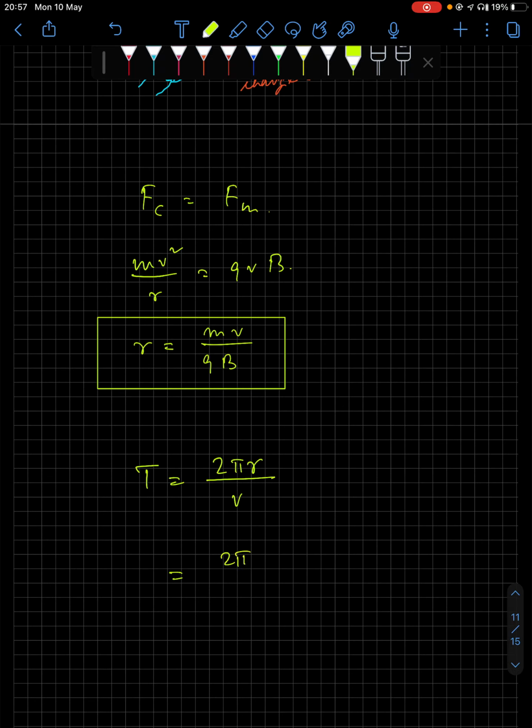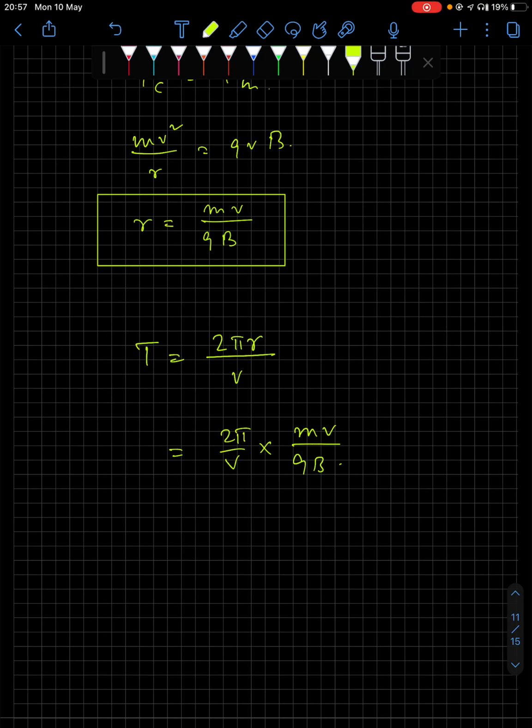So 2 pi by v into the relation for r, which is mv by qB. So this gives you 2 pi m by qB. So the time period relation is 2 pi m by qB. This is the time needed for the charged particle to complete one oscillation or one complete circle.